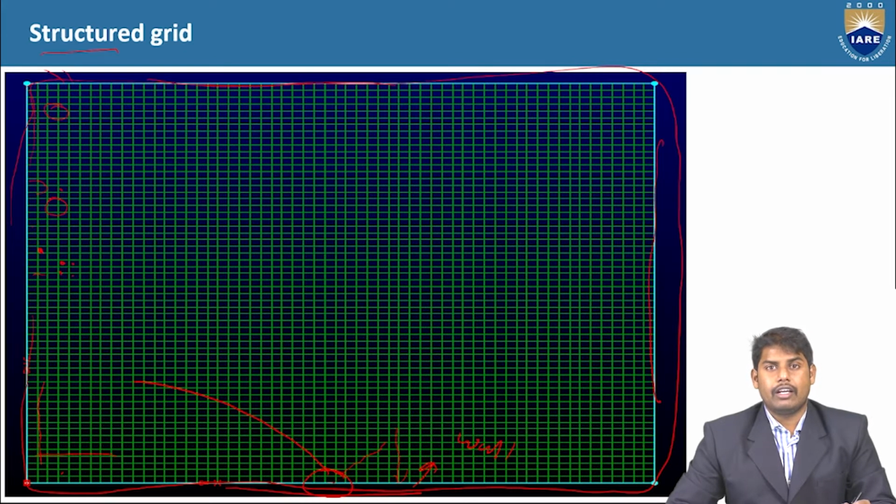When we give a boundary condition as a wall, there are two kinds: a slip wall and a no slip wall. The meaning of no slip wall is that the first layer of fluid particles near the flat plate will stick to the wall, so the relative velocity between the wall and the fluid particle will be zero.